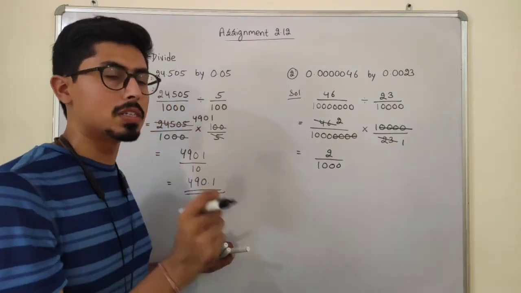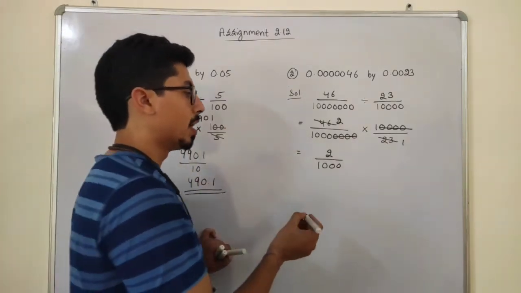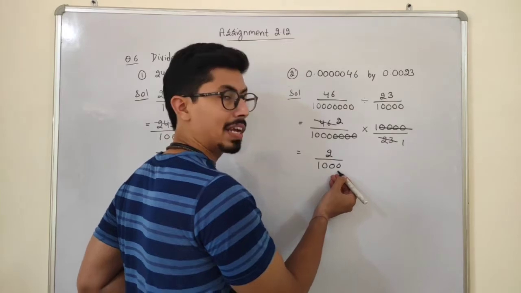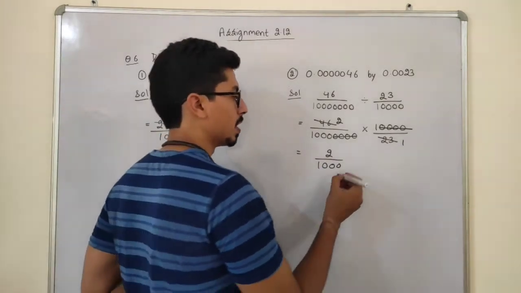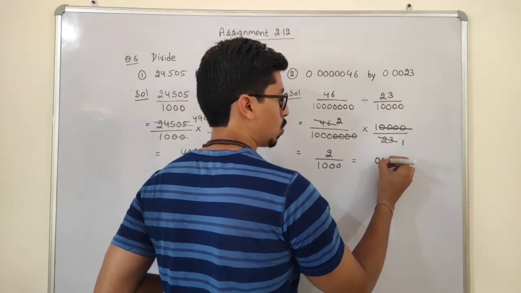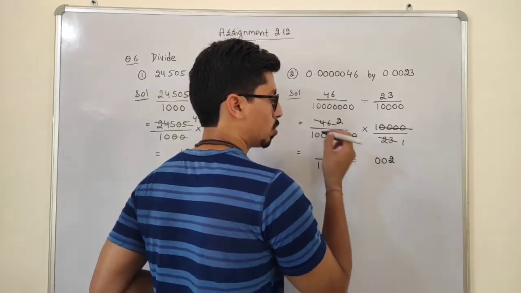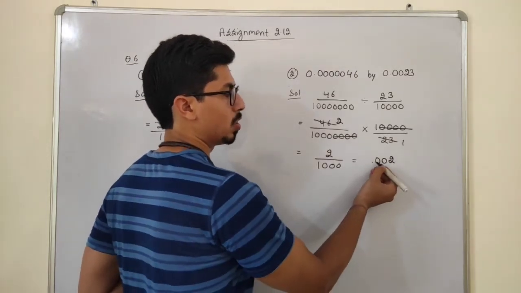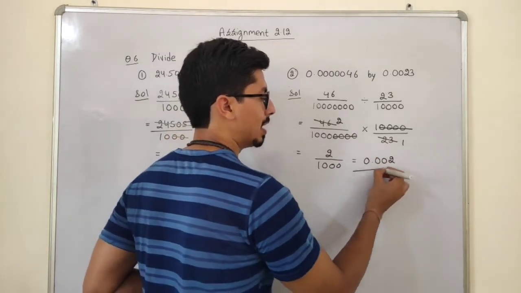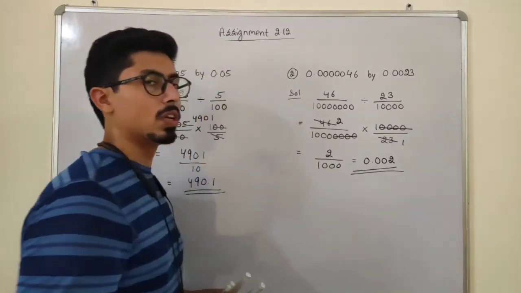Always just put the decimal. So now in the denominator we have 3 zeros, so we have to put the decimal before 3 digits. So 2 zeros extra and a 2 is also there. So the answer is 0.002. Okay students.